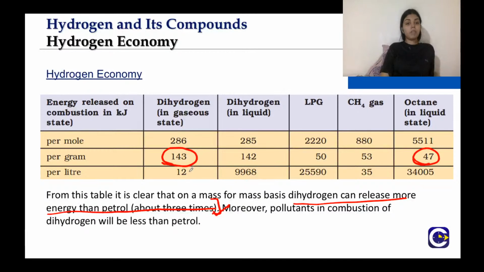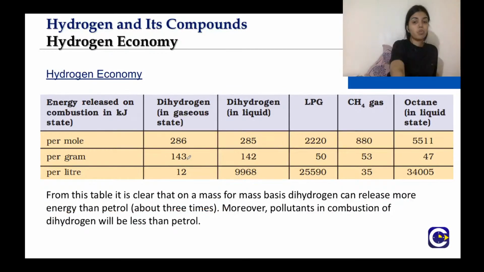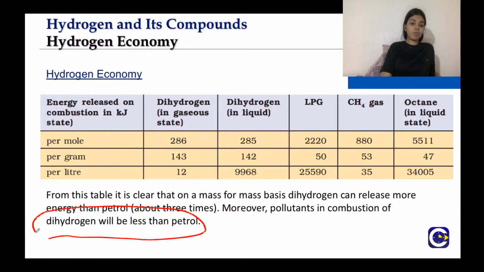That means you can obtain more energy from hydrogen than from petrol using the same amount of each. And moreover, the pollutants in combustion of dihydrogen are lesser than those of petrol, right? So basically science is trying to find a way in which we can use dihydrogen as a fuel instead of petrol.